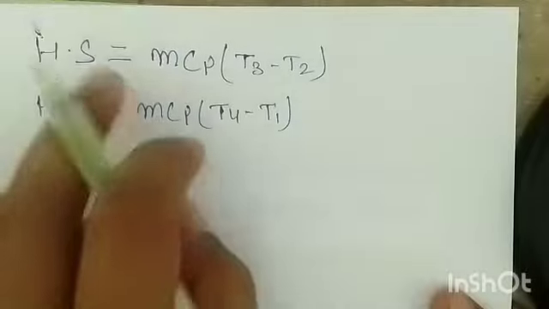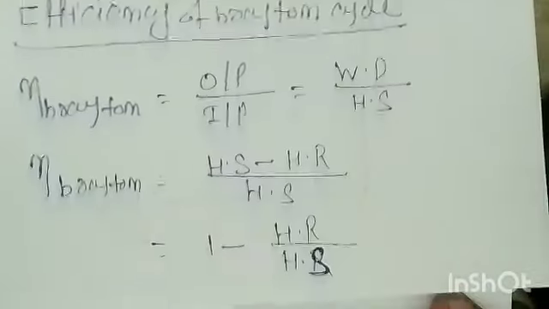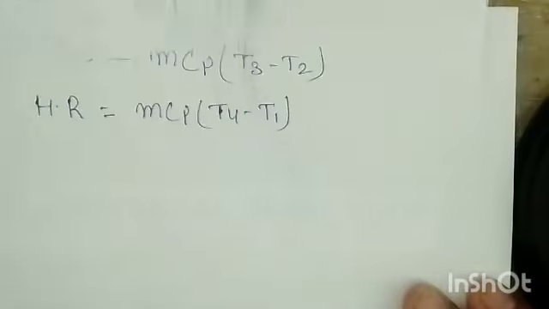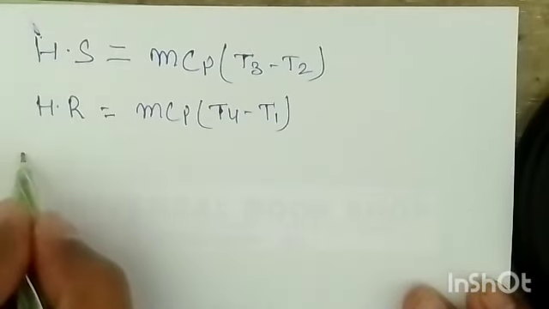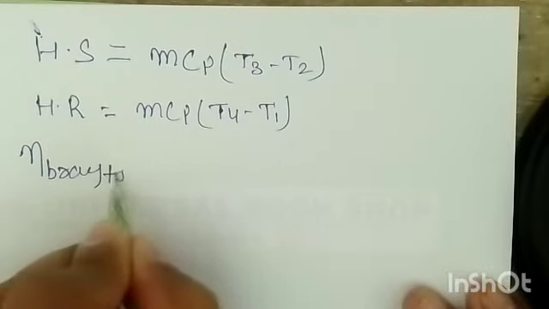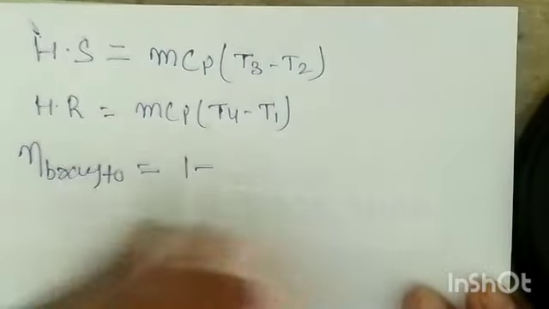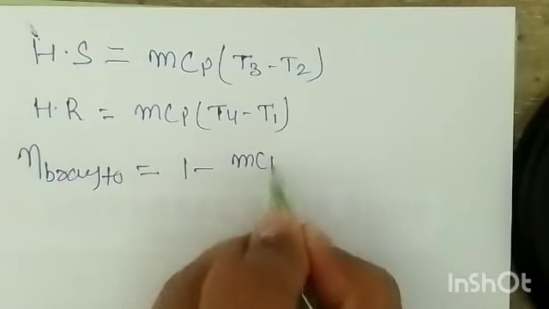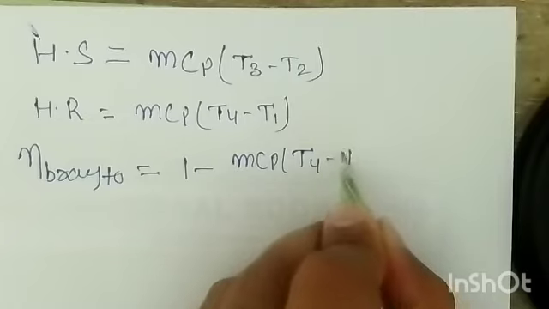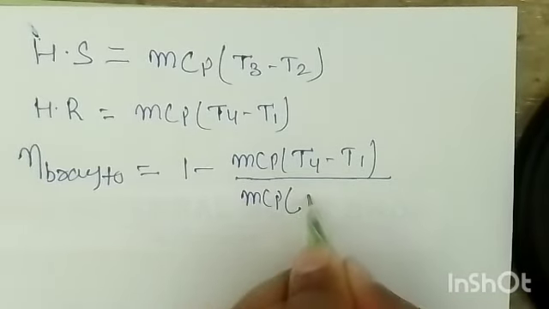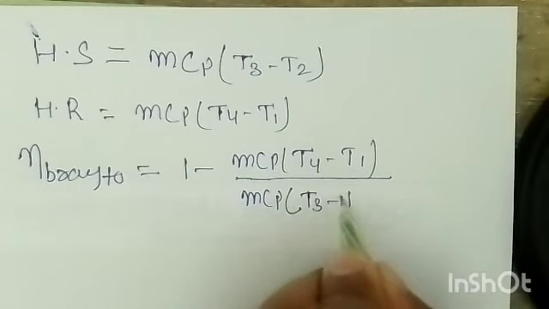If I substitute these two values into this equation, 1 minus heat rejection by heat supplied, your efficiency of Brayton will become like this: efficiency of Brayton is equal to what? 1 minus heat rejection by heat supplied. Heat rejection is m c_p (T4 minus T1) over m c_p (T3 minus T2).